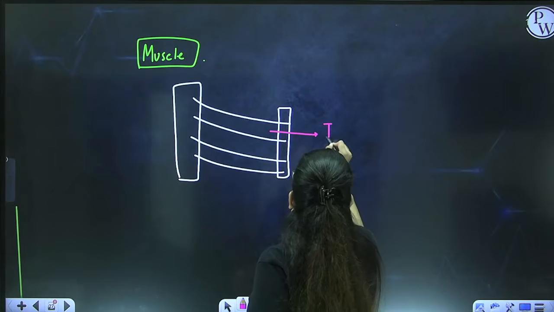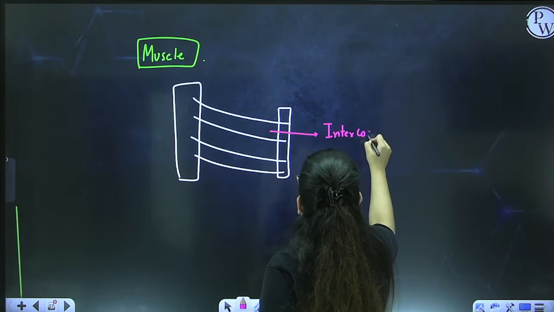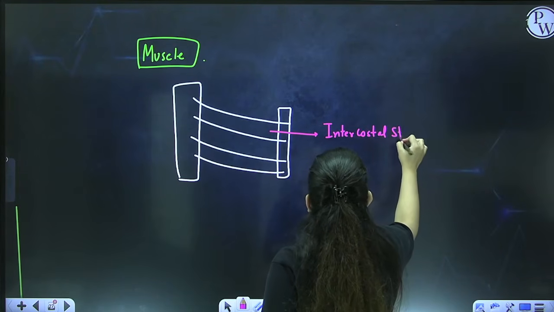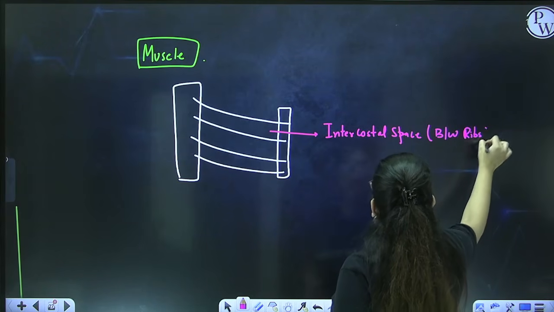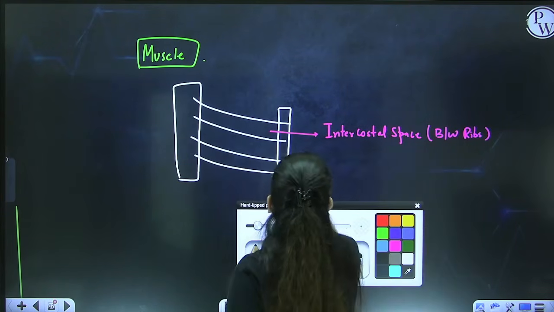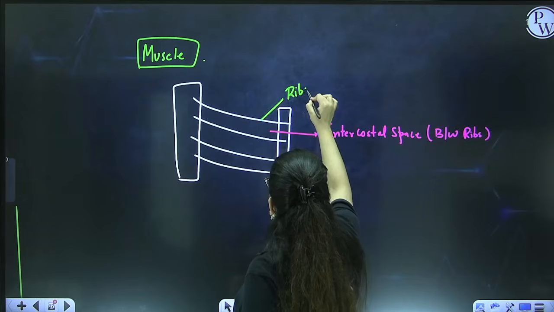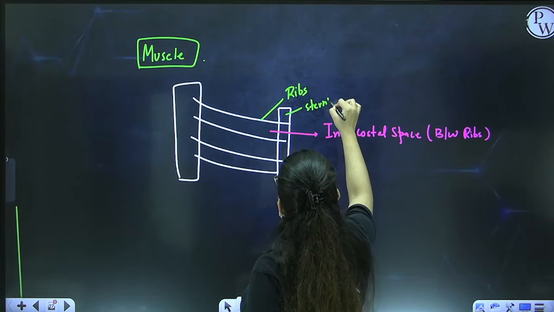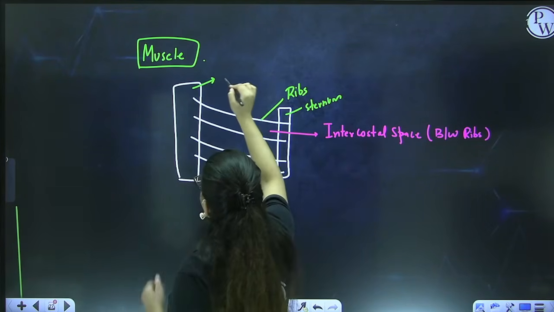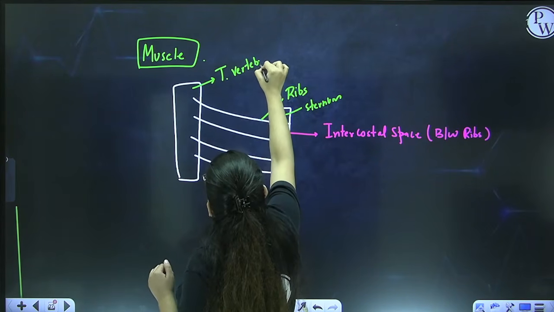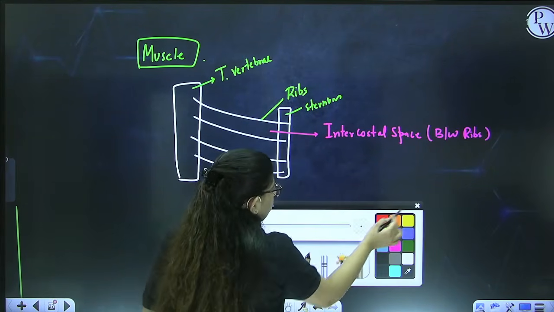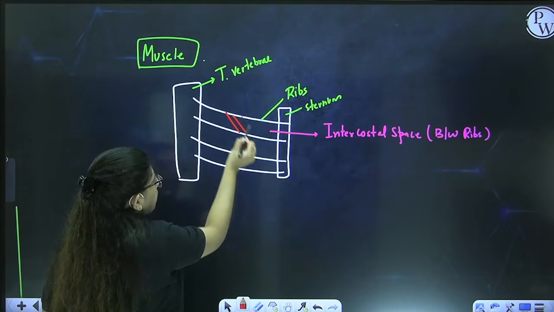Let me label this also for you. These are ribs, this is the sternum, and this is the thoracic vertebrae.